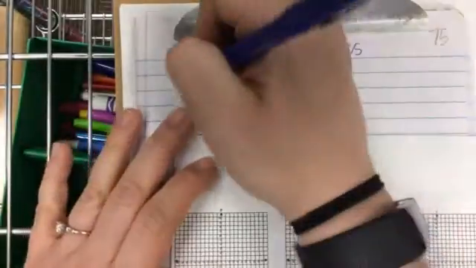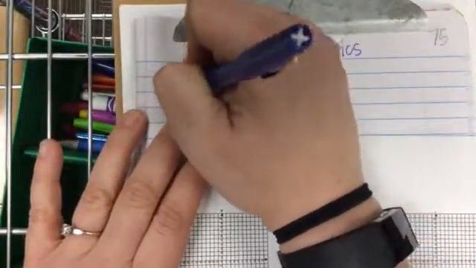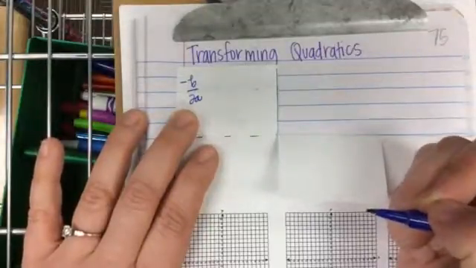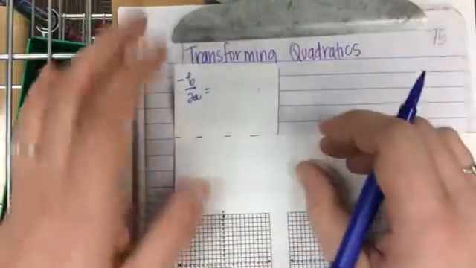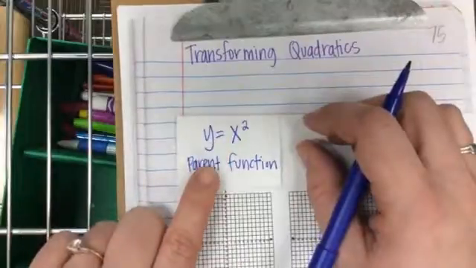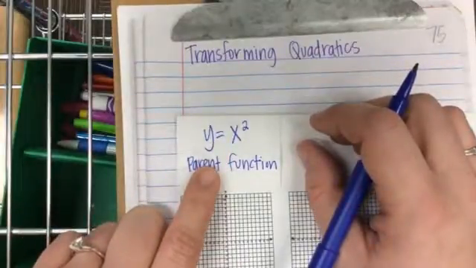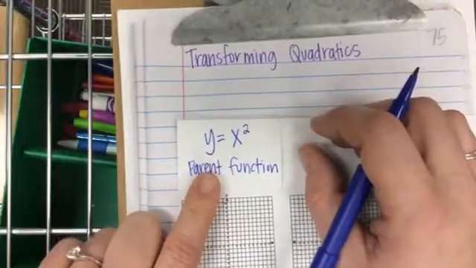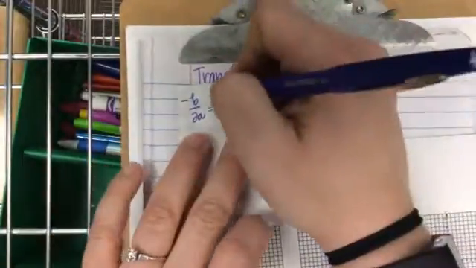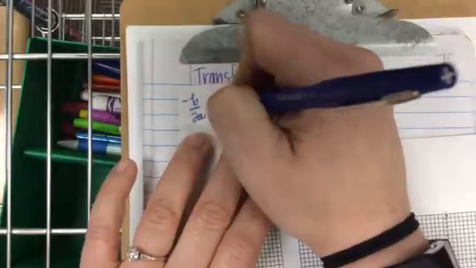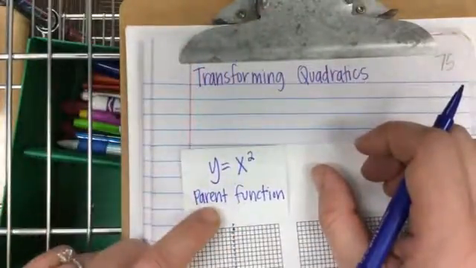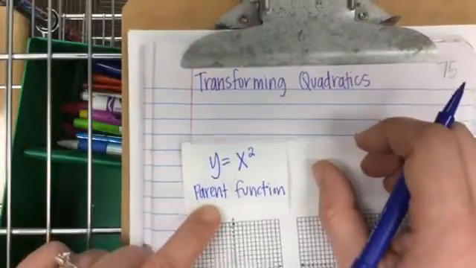The first thing I need to do is negative b over 2a, correct? So in this problem, negative b over 2a, what's my b value? 0. So negative 0 over 2 times, and in my parent function, what's my a value? 1.